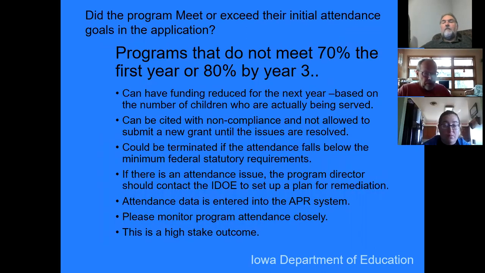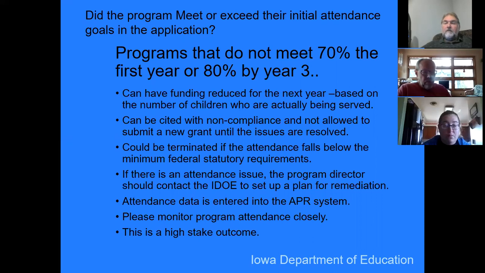Okay, now attendance is a high stakes area of this grant. In the initial application, programs provide to us the number of kids they want to serve, and their funding is based on that. So programs need to meet 70% by the first year and then 80% by year 3.